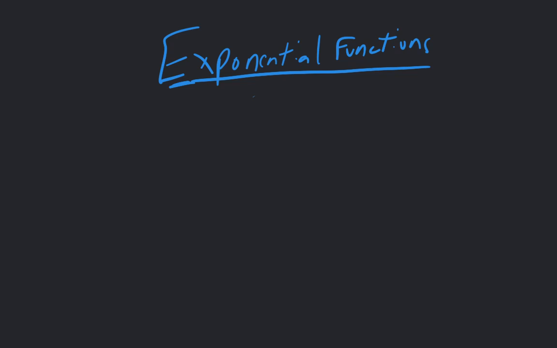Exponentials are much different than polynomials. Now we have, instead of a variable being raised to a number like x squared, a number being raised to a variable, say 2 to the x.